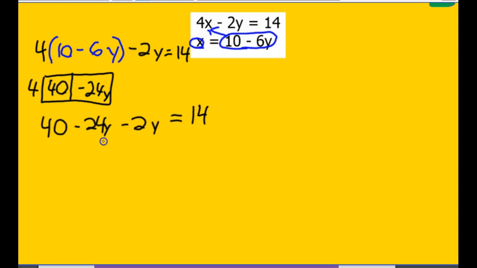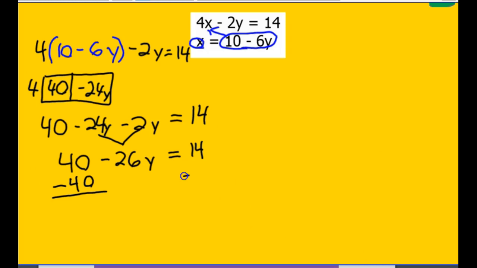Now we have to combine our like terms, so negative 24y minus 2y gives us negative 26y. We still have our 40, so bring that down, equals 14. We're trying to get y by itself, so we need to subtract our positive 40 from both sides.